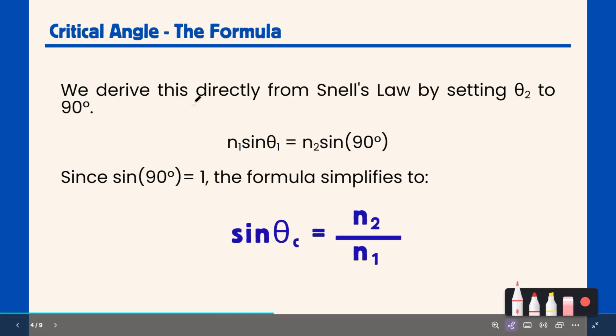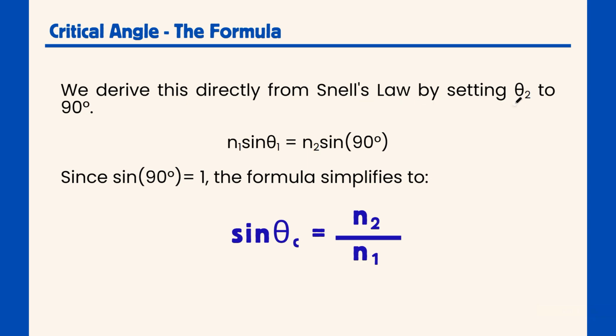And then we derive this directly from Snell's law by setting theta 2 to 90 degrees. So our angle of refraction is 90 degrees. If you take the sine of it, the result is 1. So we can simplify the formula into sine of the critical angle equals n2 over n1.